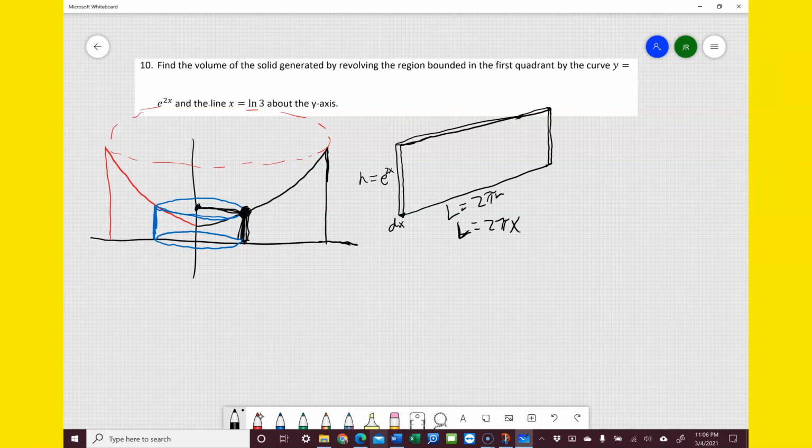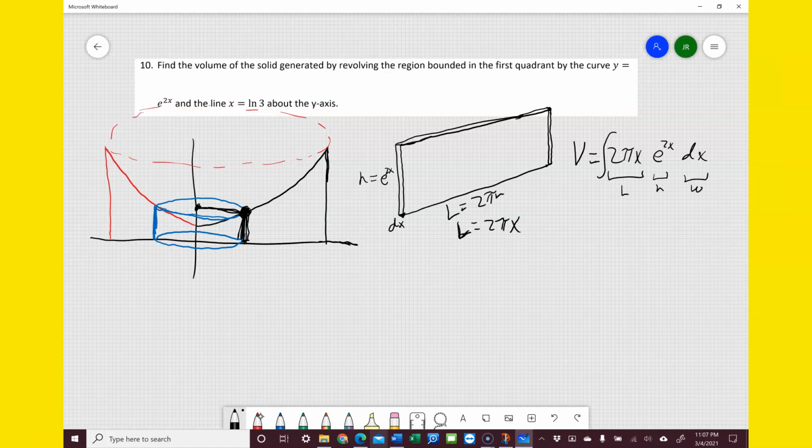So the whole volume will equal 2 pi x, that's the length, times e to the 2x, that's the height, times dx, that's the width or thickness. And it'll be the integral of all that with respect to dx.